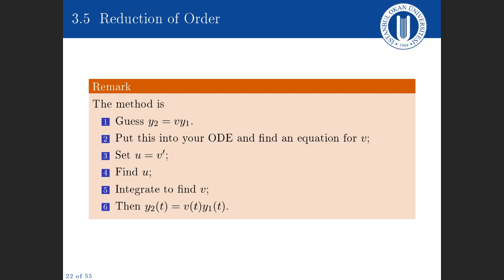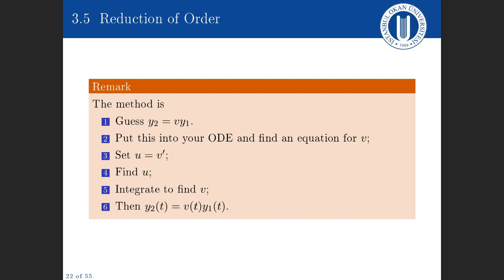We can have v prime terms, we can have v double prime terms, but we must not have v terms left. Step 3, we're going to set u to be equal to v prime, and then step 4, we're going to find u. After we know u, we're going to integrate it to get v, and as soon as we know v, we know that y2 is v multiplied by y1.